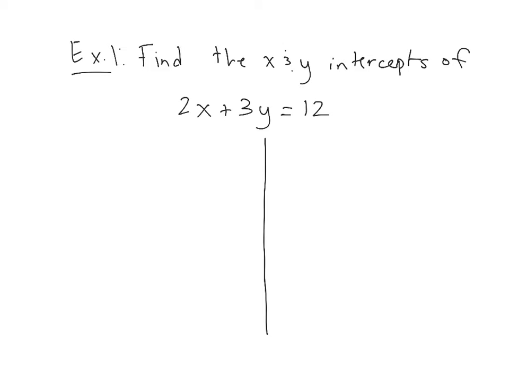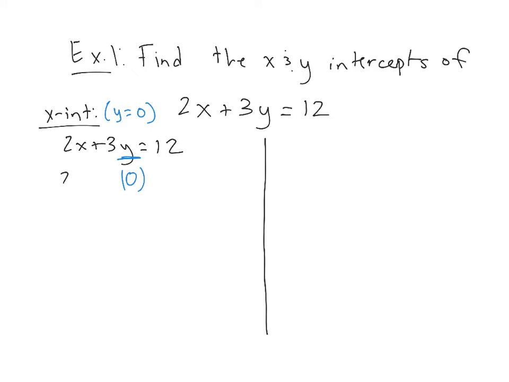So if we're given this equation, 2x plus 3y equals 12, and I want to find the x-intercept first, I'm going to go ahead and plug in y equals 0. Because when I'm trying to find the x-intercept, that means I'm plugging in y is 0, because I wouldn't go up or down at all.